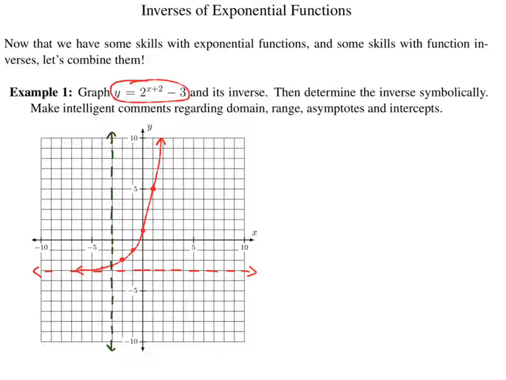So let's see, we've got a point at 0, 1, which means for the inverse, we'll have a point at 1, 0. And then we got a point at 1, 5 on the original function, so 5, 1. And then, kind of adorably in this case, the original graph has a point at -1, -1. So for the inverse, that turns around to being the same points.